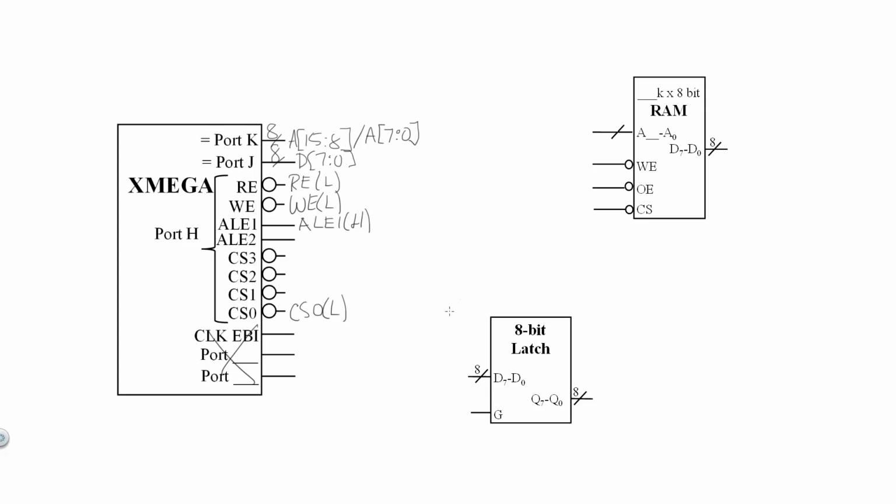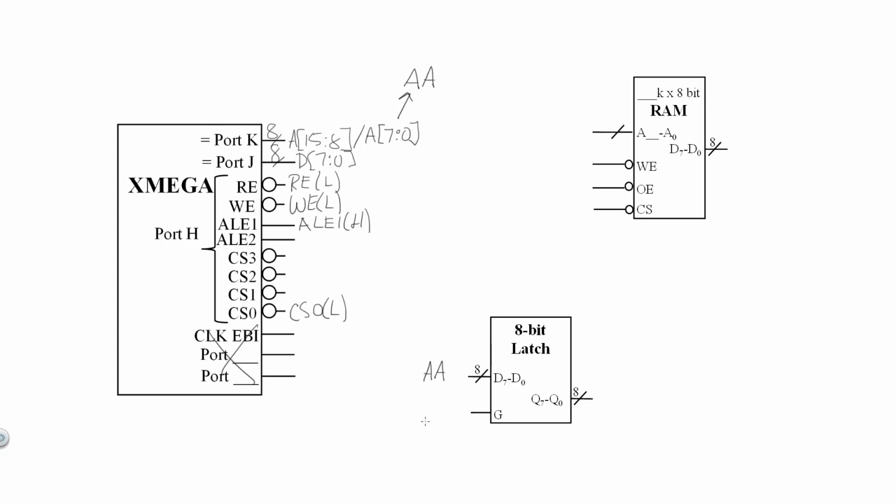Next, I'm going to go ahead and complete the address latching circuitry over here. If you recall from the diagram that we analyzed earlier, the input of the latch is the time multiplexed address bus, which I will abbreviate as AA.